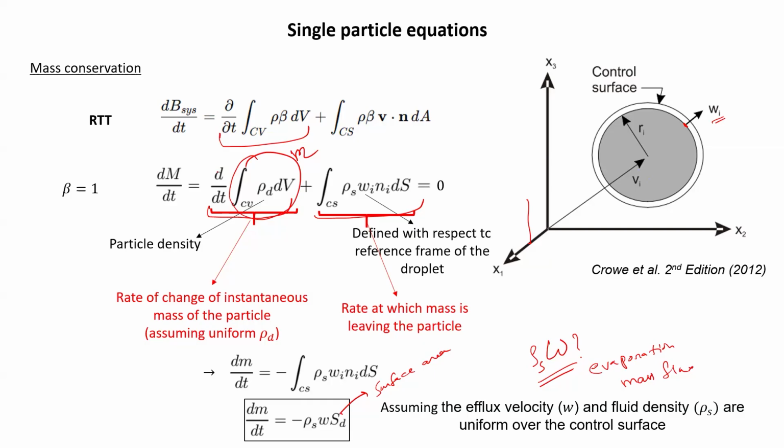So, the question is, how do we get this parameter, or I am referring to a constitutive relation that relates this evaporation mass flux to fundamental properties of the particle. What are the fundamental properties? Particle size, particle velocity. So, how do we relate it? So, here also we will need a constitutive relation, but this represents the continuity equation for the particle.